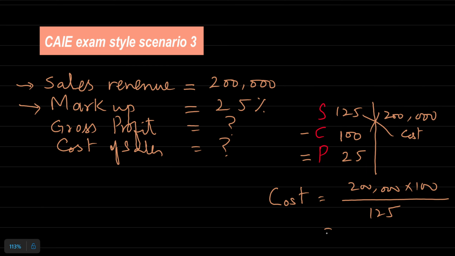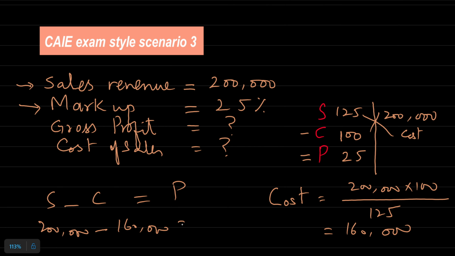So it will be 160,000. So sales minus cost is equal to profit. Sales is given as 2 lakh. Cost we have calculated as 160,000. So the gross profit will be equal to 40,000.